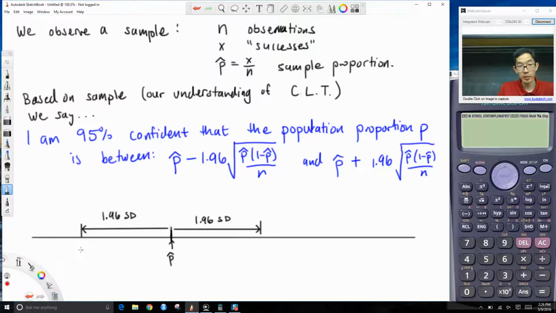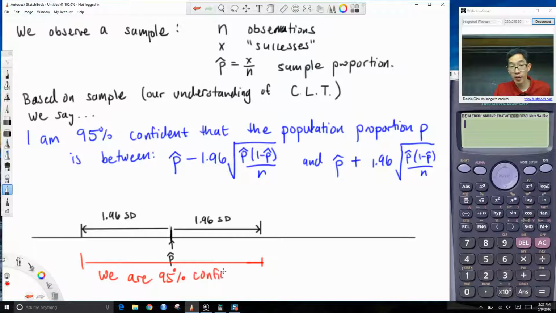And then you're basically saying, we are 95% confident that P is in this region.